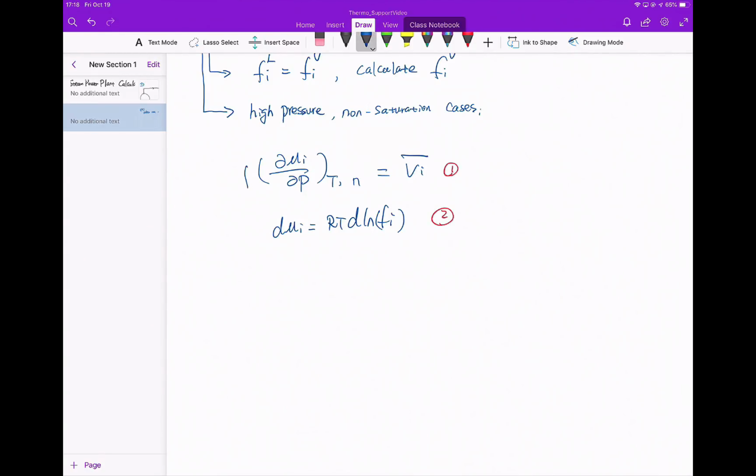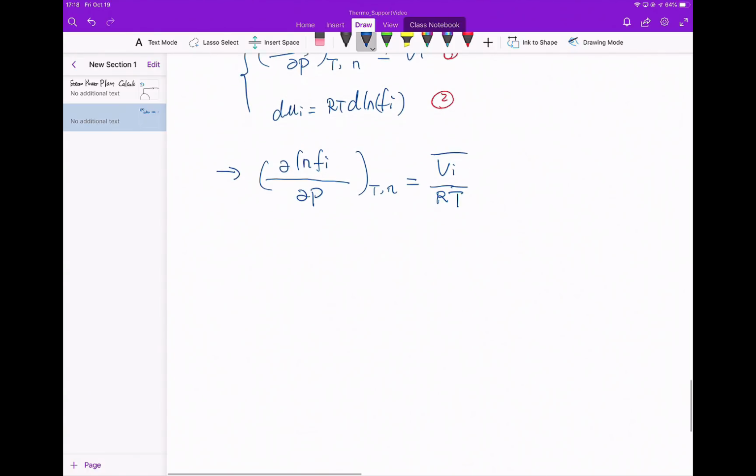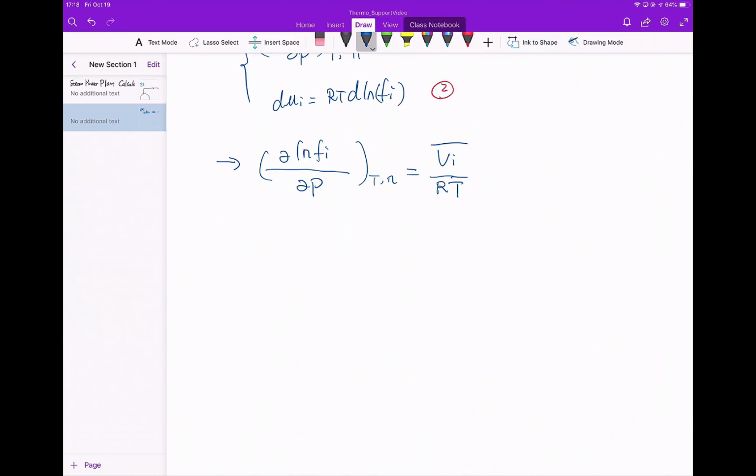Combine those two equations, we can have d log fi over dP, replacing this d mu i, at fixed temperature and composition, would be Vi partial molar volume over RT. So now we cannot assume we are going to use the saturation pressure as the fugacity of the liquid. Then we have to run the integration.